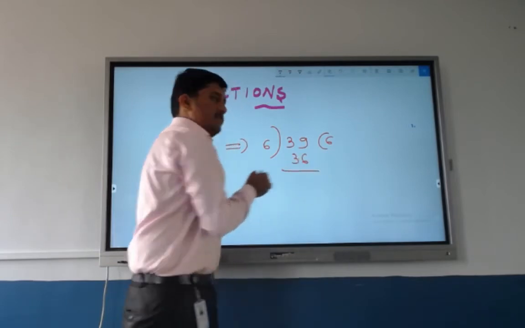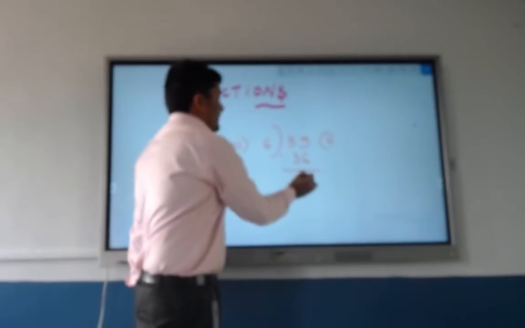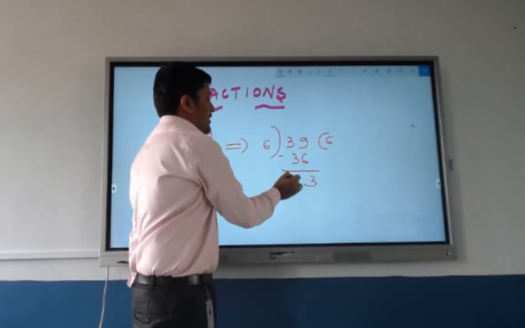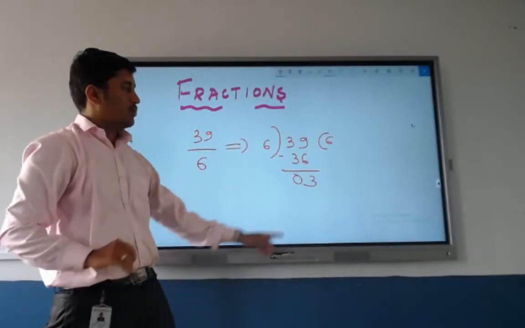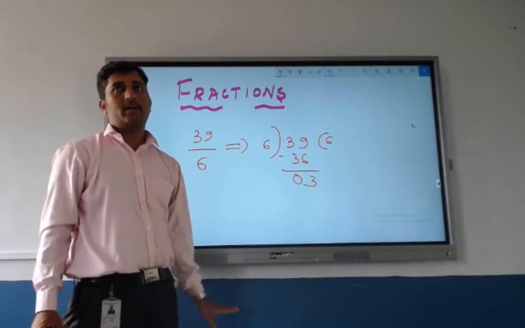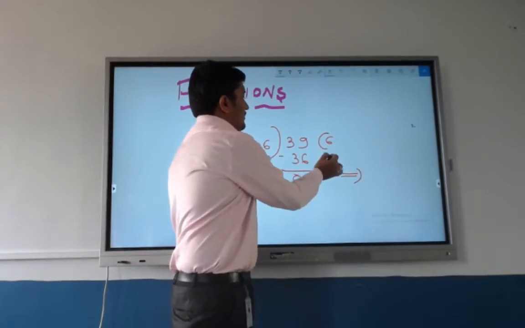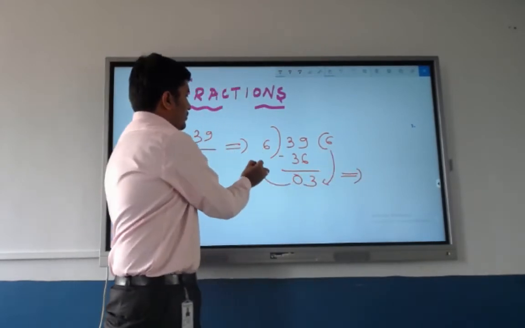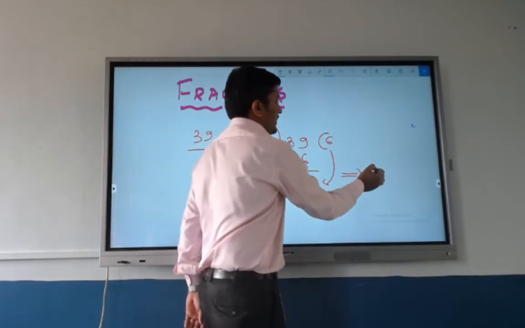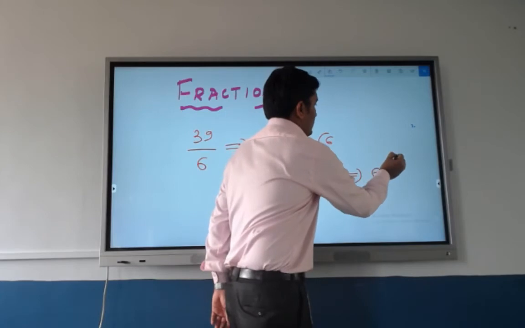So 36. Now subtract it. 9 minus 6, it is 3. Then 3 minus 3, 0. So the remainder 3 is less than 6. It is not possible to divide. Now to write this answer, first you write the quotient, that is 6. Then you write the remainder, that is 3.